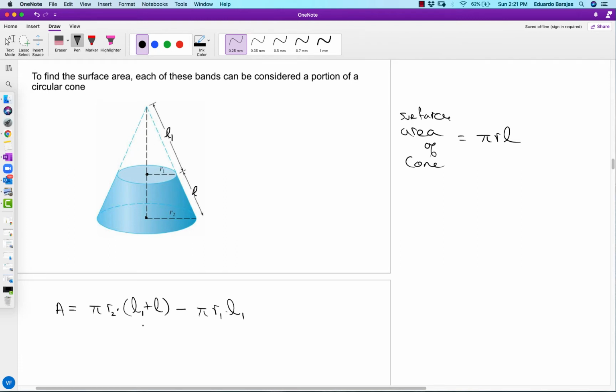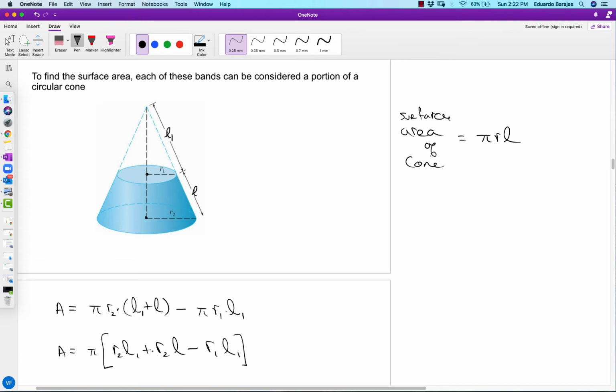Let's simplify this a little bit by factoring out the common term of pi. So A equals pi, then a giant bracket. Now distributing the R sub 2 and combining the terms that have an L sub 1, we get R sub 2 L sub 1 plus R sub 2 L minus R sub 1 L sub 1.